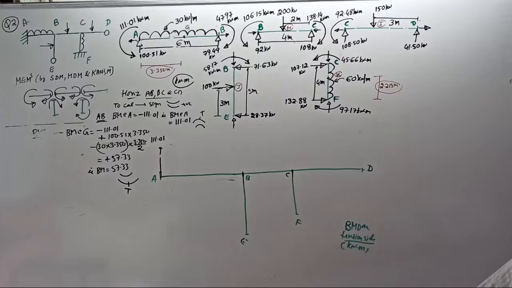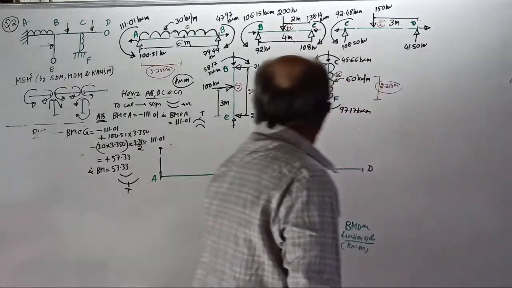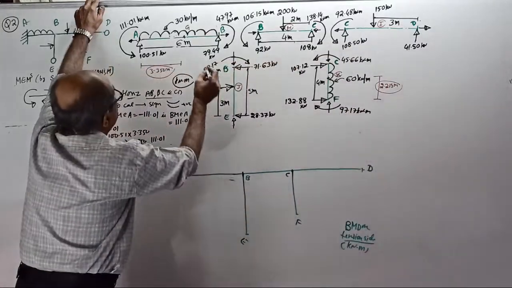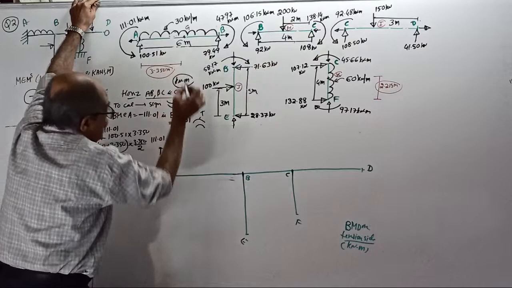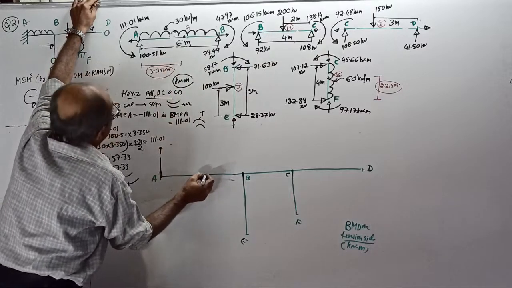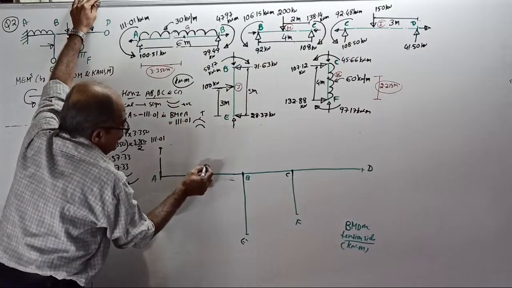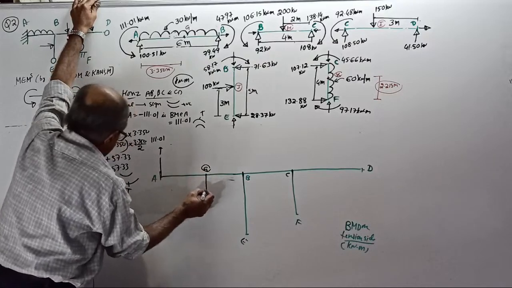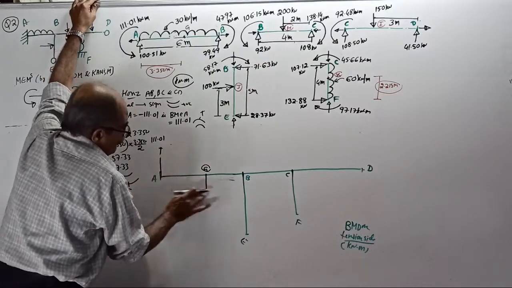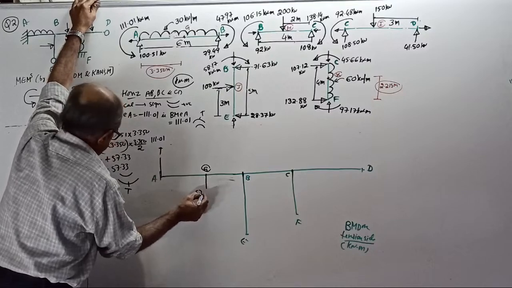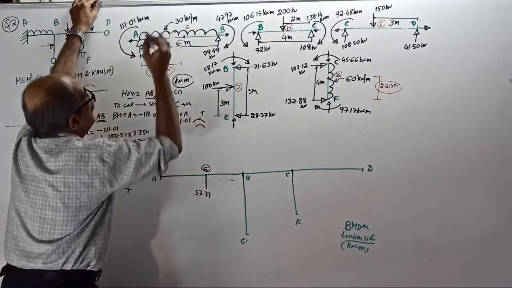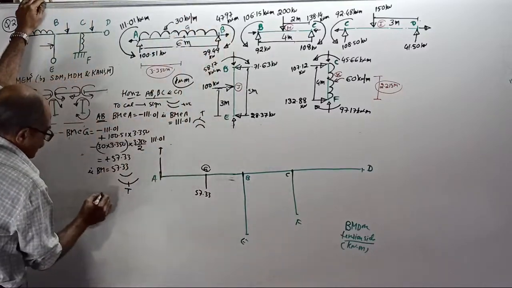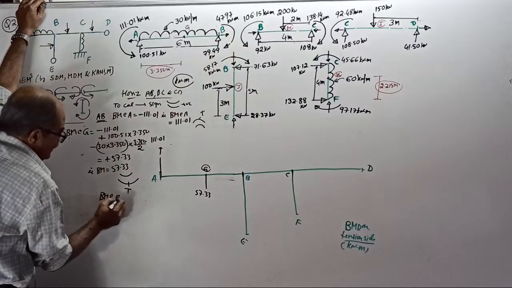Next time I won't ask it. Bottom. So, bottom tension at that point where at 3.350 meter, that is the point G, you plot below by how much? 100 is there, 57.33.